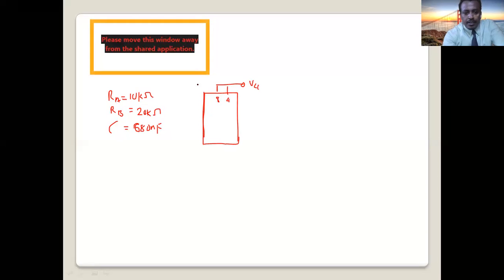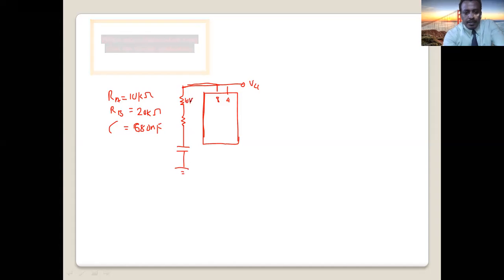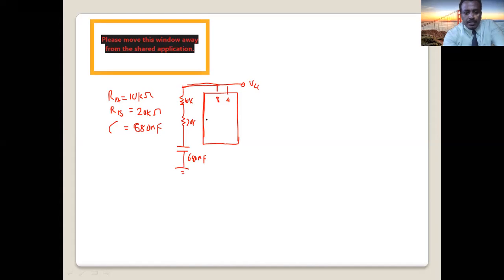Then we need how many resistors? 2 resistors, RA first, then RB in series. All these are in series, connected together and to ground. So this is our 10K, here is 20K, and here a 680 nanofarad capacitor. So how do we connect pins 2 and 6?